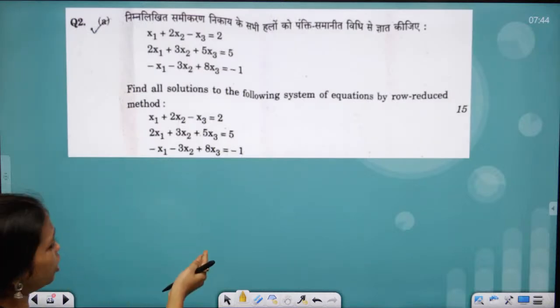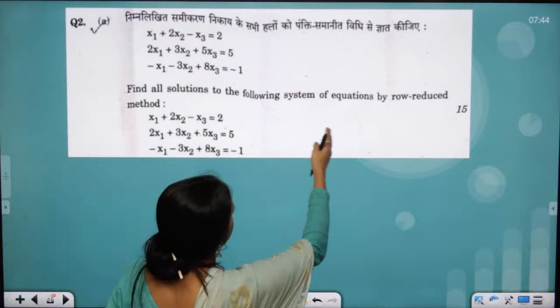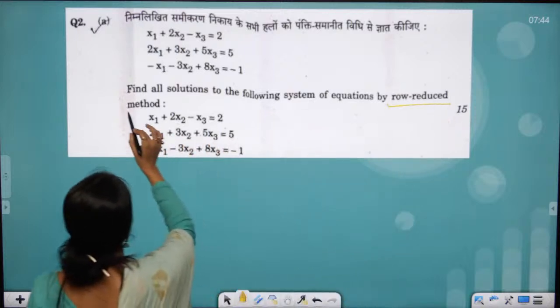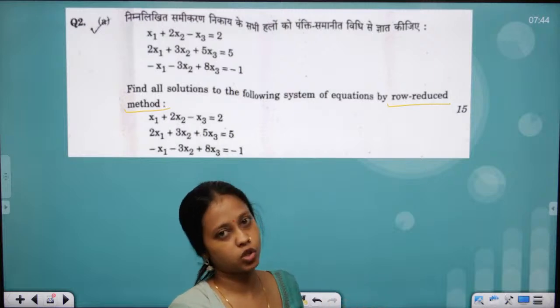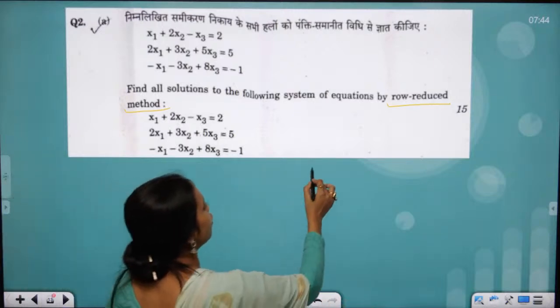Okay, I don't think that is required to even solve. This is: find all the solutions of the following system of equations by the row reduced method. This term is as it is mentioned in the syllabus, so you have to focus over here. Row reduced method. What is the row reduced form of a matrix?